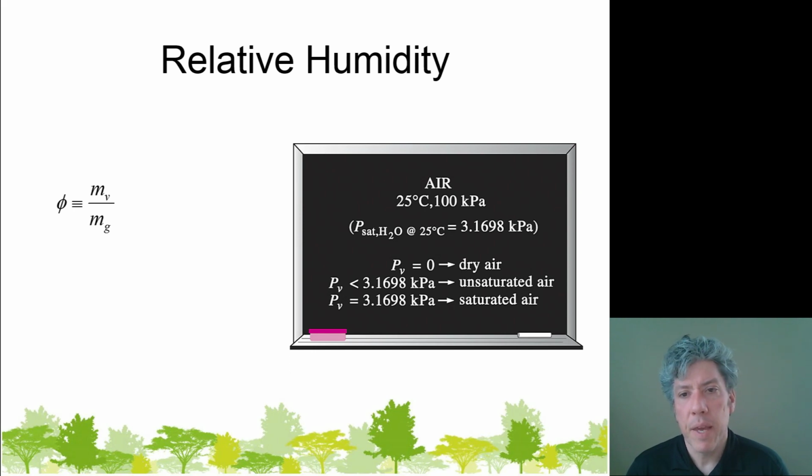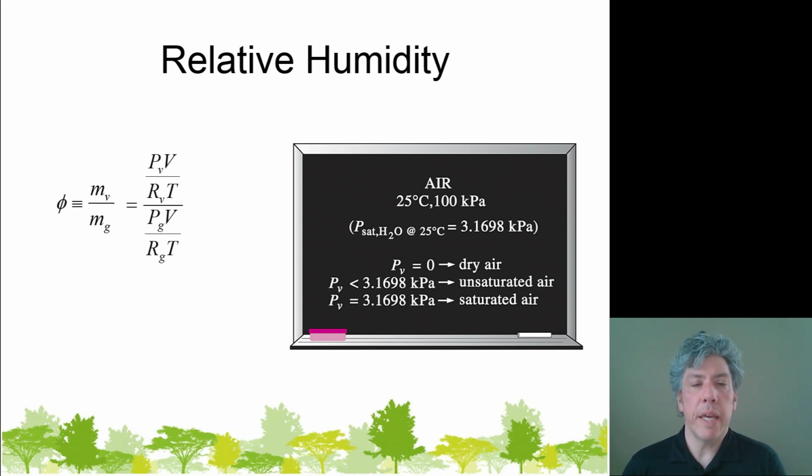It's very consistent. So if the partial pressure of the water vapor goes all the way up to the saturation pressure for whatever temperature it happens to be at, and you see here we're talking about air at 25 degrees Celsius, 100 kilopascals, the saturation pressure for water from the saturated tables at 25 degrees is 3.1698 kilopascals. If the partial pressure of the water vapor gets up to that level, then that means we're on the verge of some of that water condensing out and converting to a liquid.